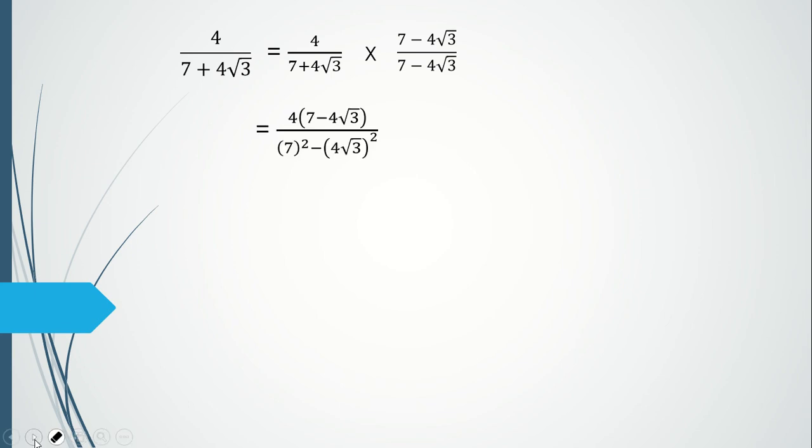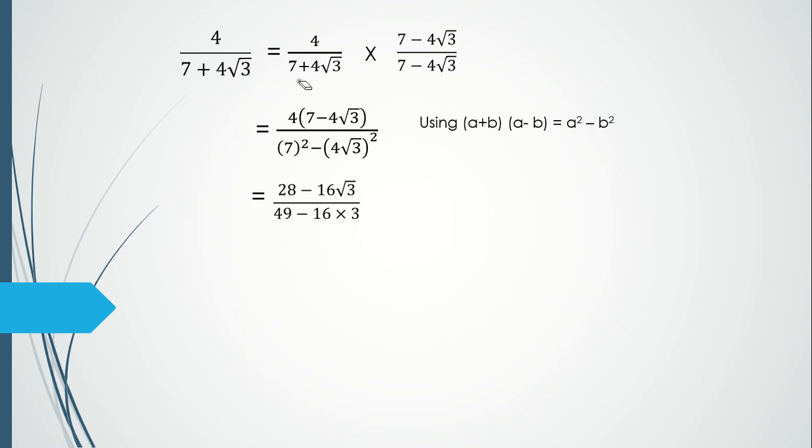In the numerator, 4 into 7 minus 4 root 3. Multiply this 4 inside: 7 4s are 28 minus 4 4s are 16 root 3.